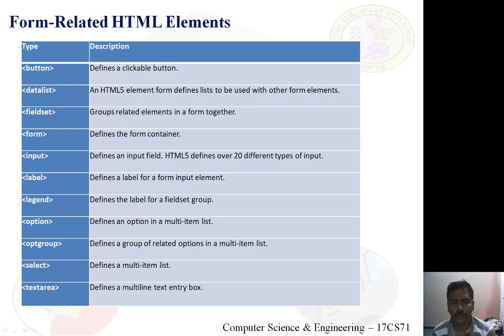Option defines an option in a multi-item list. Optgroup, option group, defines a group of related options in a multi-item list.